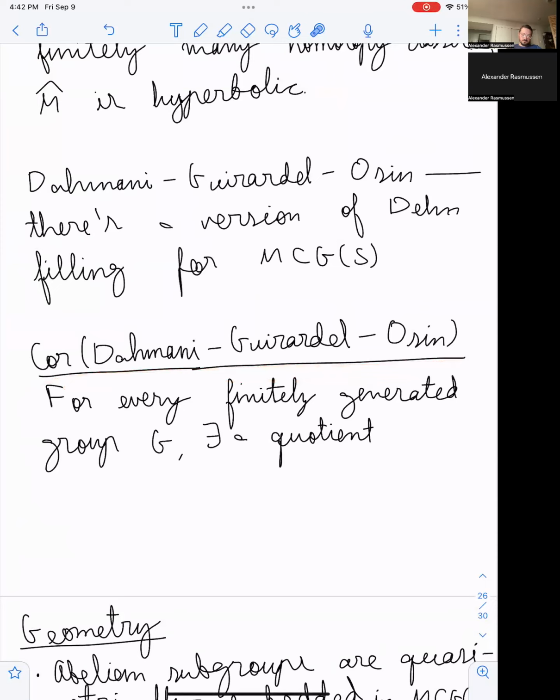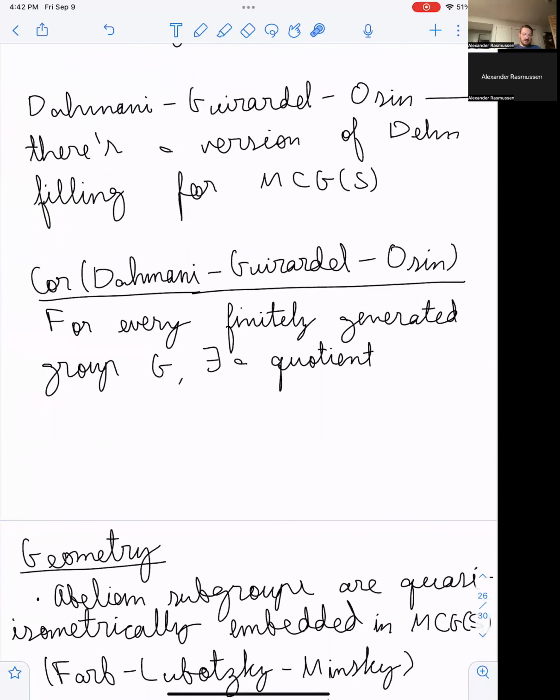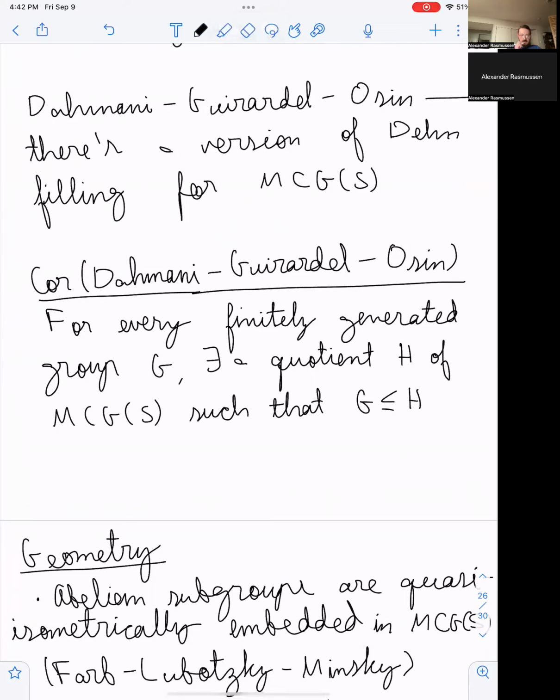So here's one really interesting corollary due to Dahmani-Guirardel-Osin. For every finitely generated group G, there exists a quotient H of the mapping class group such that G is a subgroup of H. This is called SQ universality.